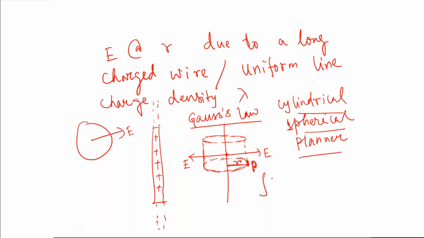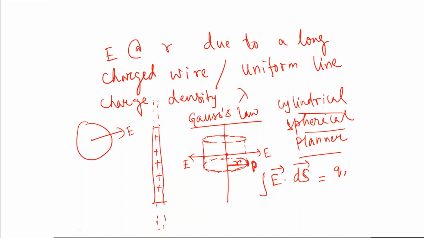This is according to Gauss's law. Whenever we have to apply Gauss's law to calculate the electric field for any charge distribution, we first have to draw a closed surface, a Gaussian surface, which I have drawn here as a cylinder.